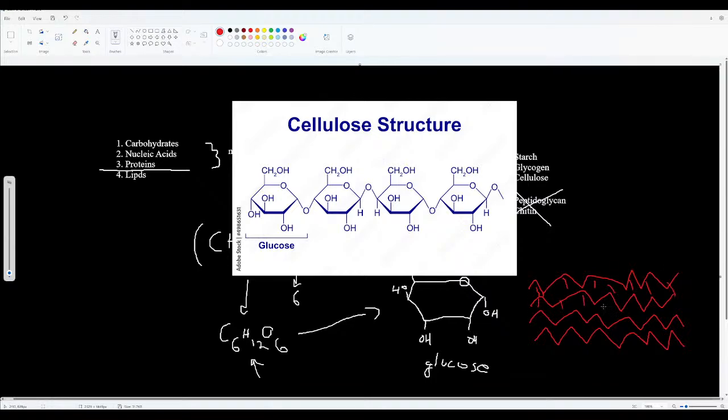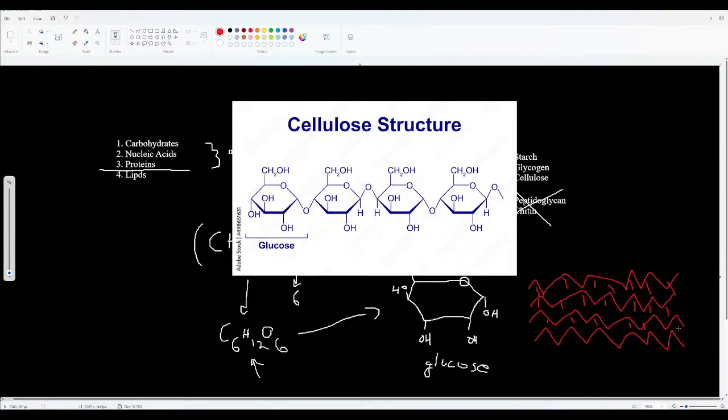And this is why we can't eat a tree or eat grass or do anything with cellulose, because it just goes right through us. We can't digest any of it. We can't utilize it for any actual energy. So that's the thing about sugar. Sugar has three primary functions.